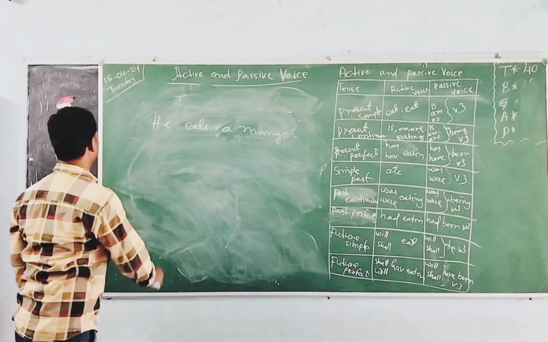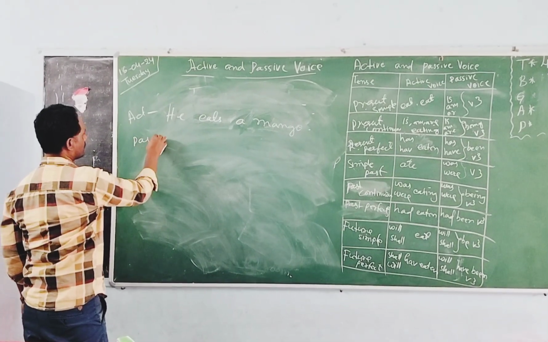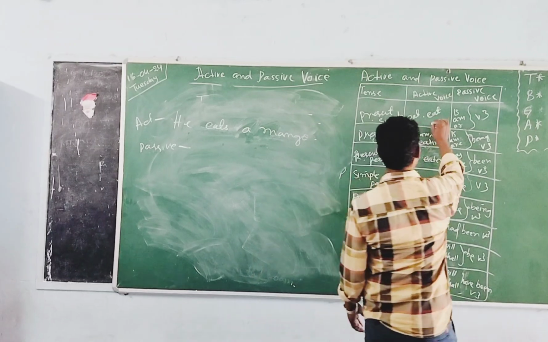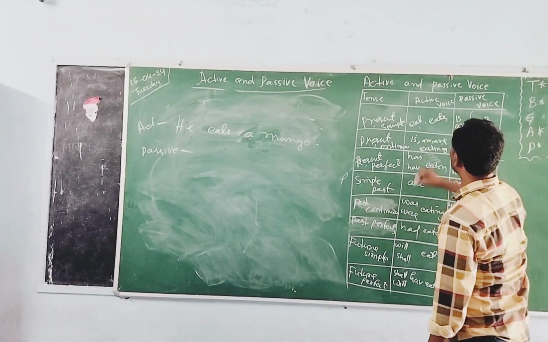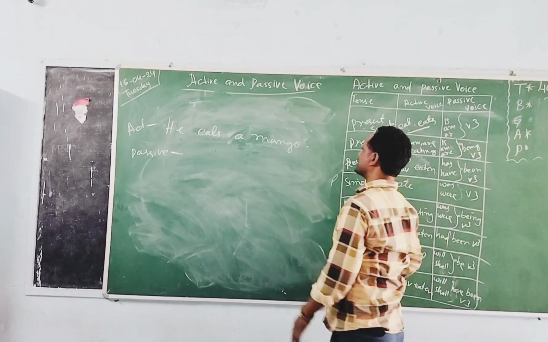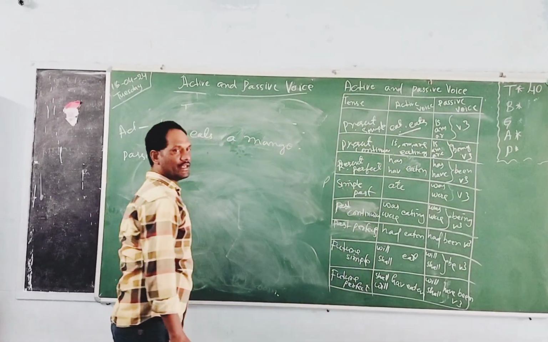So dear students, this is active voice. He eats a mango. Eats belongs to present simple. What is the present simple helping verb? Is, am, are.